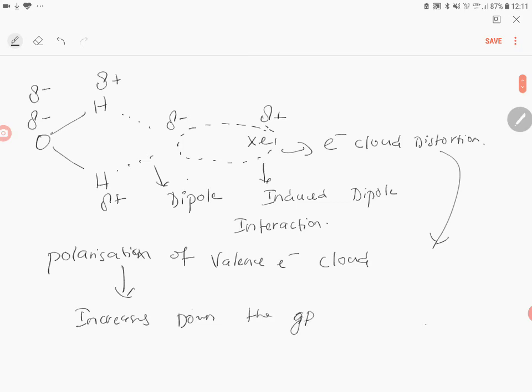So the magnitude of induced dipole interaction increases down the group. Therefore, the increasing order of solubility of inert gases: helium less than neon less than argon less than krypton less than xenon.